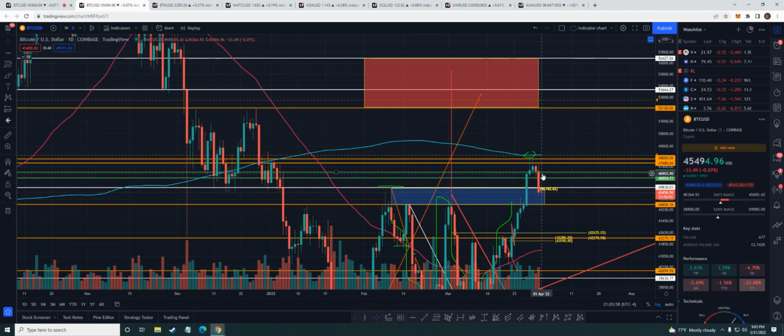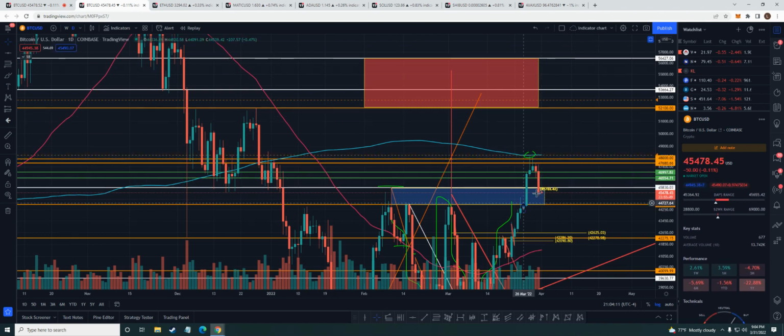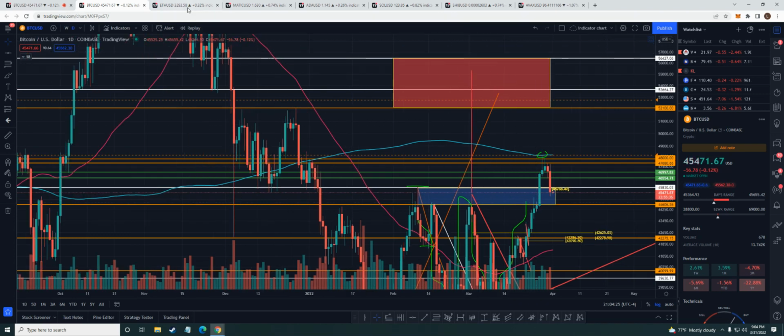If we can get a higher time frame closing above that 47, then I could see a way bigger move to the upside. That's why I could see us breaking this 200 day and really moving up. So keep that in mind, guys. A move past 47 could squeeze out some people that are shorting this right now. So that's what I'm looking at on my charts right now.